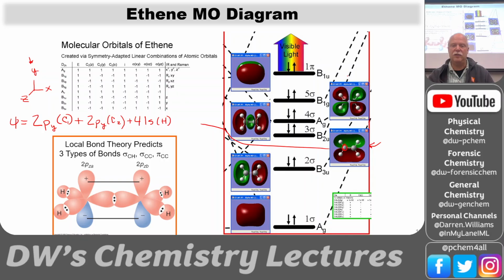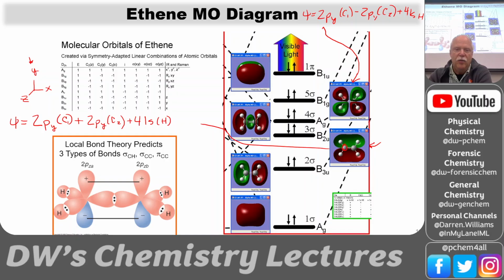Okay, what about this one right here? It's the same designation, but there's only one tiny little change. Yes. So this wave function is equal to 2py on carbon 1 minus 2py on carbon 2 plus 4 hydrogen 1s. I would be happy if you could do that.